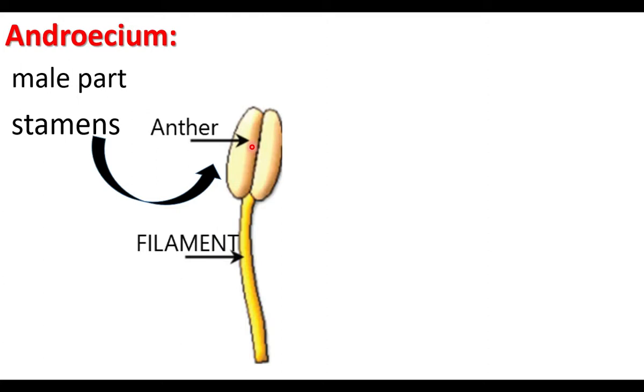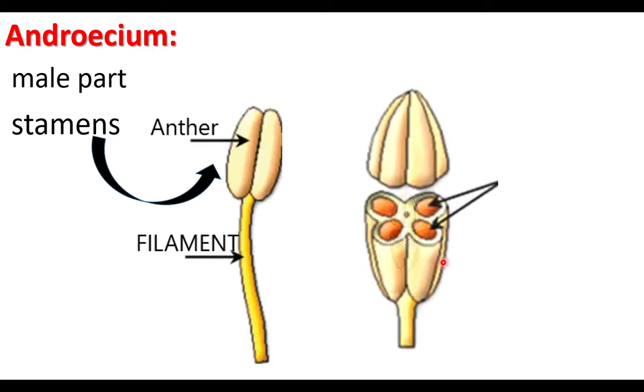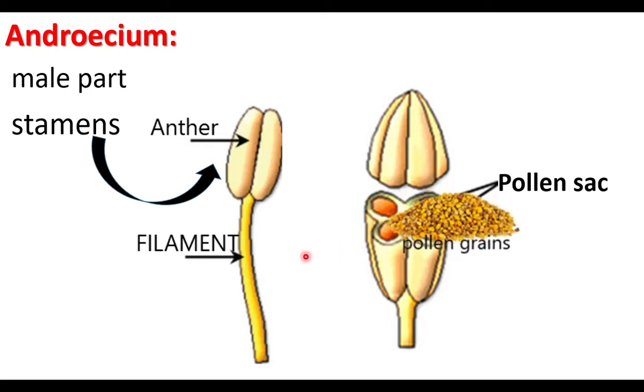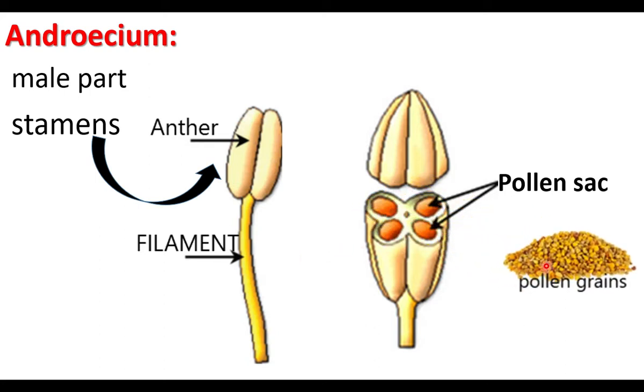If we open the anther, we can find pollen sacs. Pollen sacs are filled with pollen grains. The pollen grains are microscopic, dust-like structures. We need a microscope to see the structure of pollen grains.